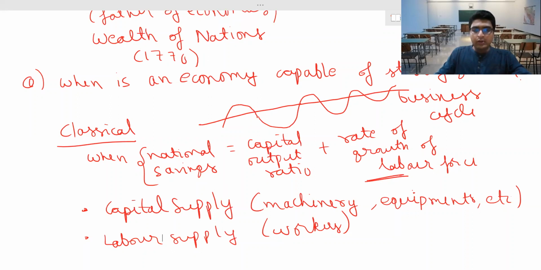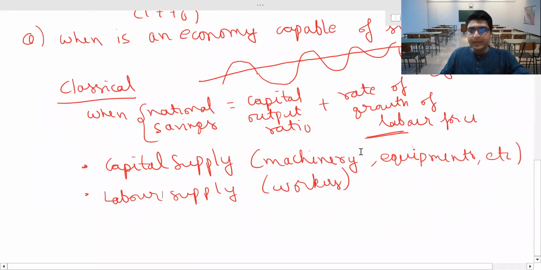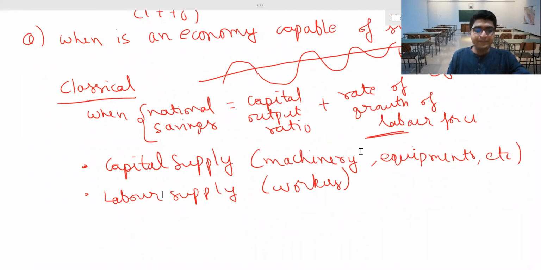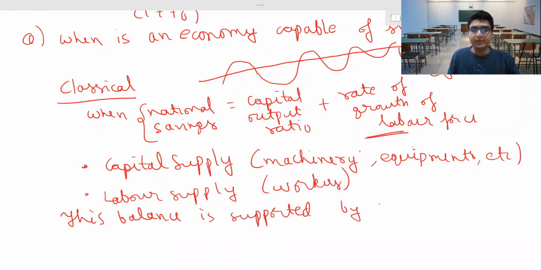So when this growth of labor and capital is supported by some kind of funding, then they say that the economy is capable of constant growth, okay? Labor keeps on flowing in the economy, capital keeps on flowing in the economy, and this is supported by some kind of funding, okay? So this balance is supported by national savings.